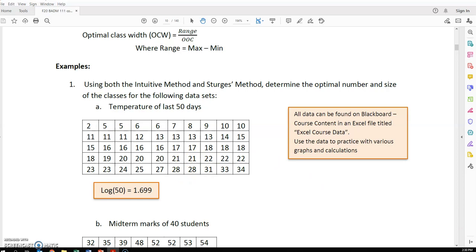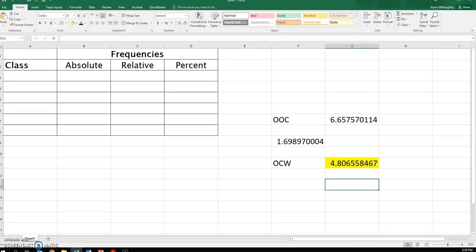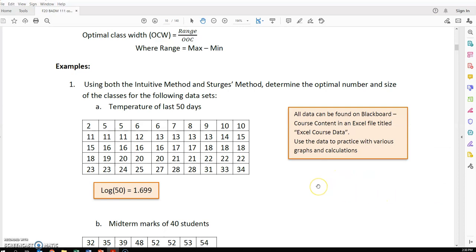We could use 4.8, we could use 4, we could use 5. We want to pick a value close to that. What we would not pick is a value like 10, because 10 is too different from 4.8. The closest, nicest number would be 5, and that's going to be our class width when we go ahead and create this data table.